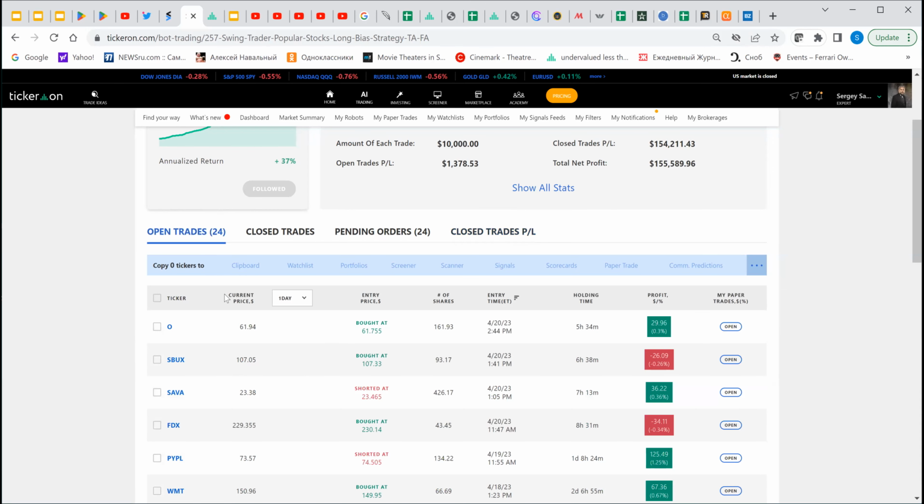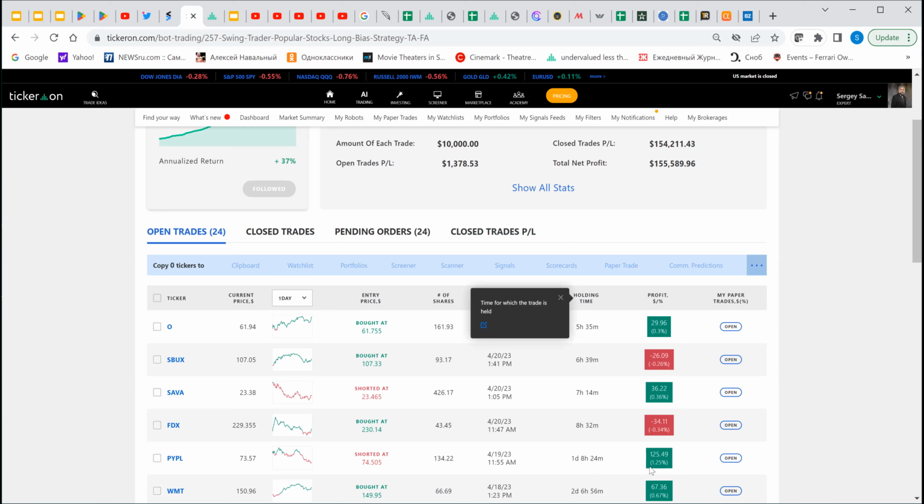Now let's look at the open trades. Here you see the price, current price, entry price. This page looks like your brokerage account: number of shares, entry time, when it entered, and this is the holding time. Everywhere it is New York time, and this is the profit and loss, and so on.